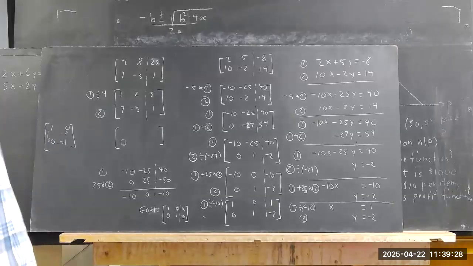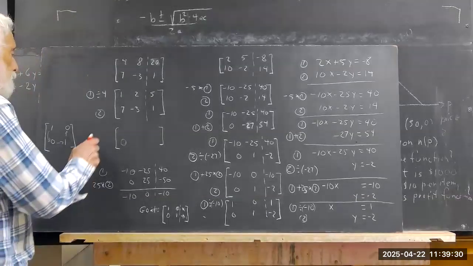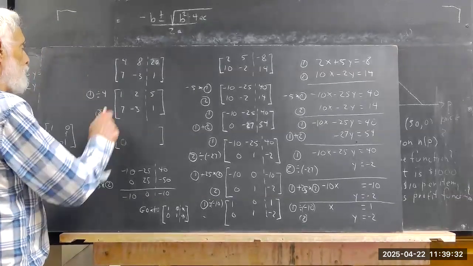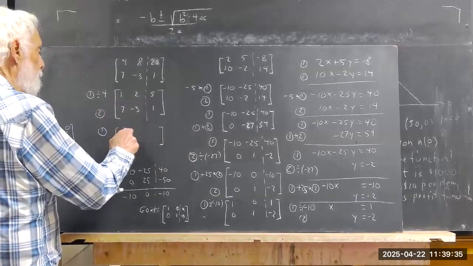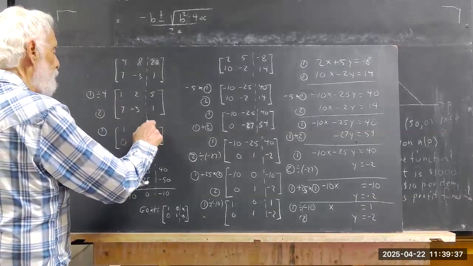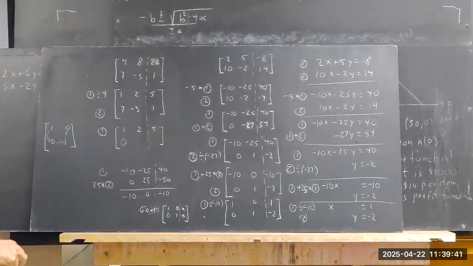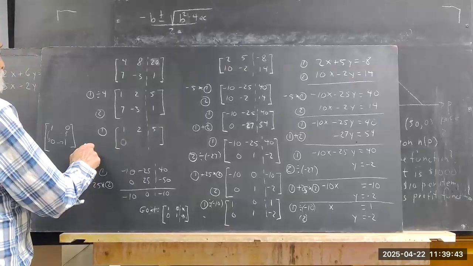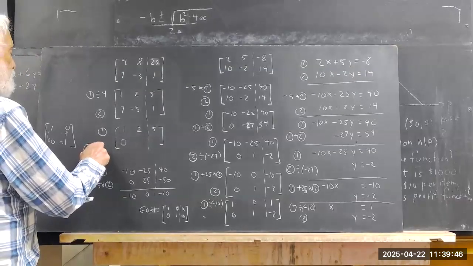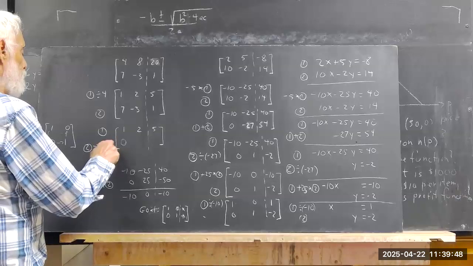It's okay, people have a little trouble figuring this out, so we're going to write out row one, because you do not want to mess with that one. How am I going to get a zero here? Well, how about if I do row two minus 7 times row one?